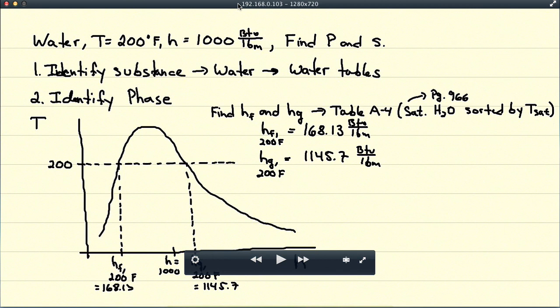And lo and behold, we are right here, and also at 200 degrees Fahrenheit. So that means that our state is right there where that open circle is. We are a two-phase substance. We're in the two-phase region. So hf is less than h, which is less than hg, which means that our substance is in the two-phase region.